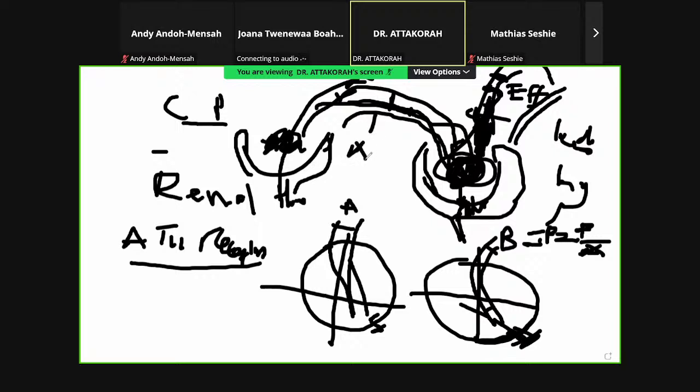afferent arteries, the lumen is bigger, and the essence is to ensure renal blood flow, to ensure that more blood is getting into here. Here is smaller. The efferent is smaller. To increase what?